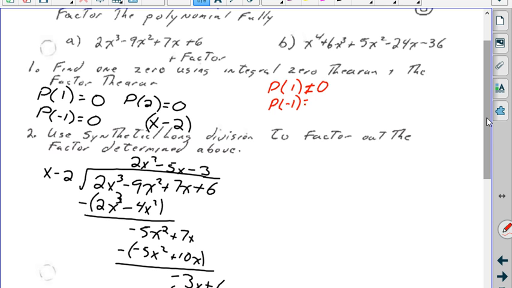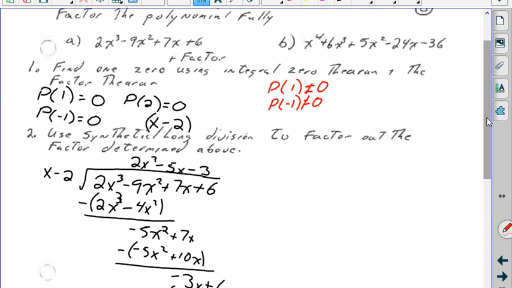Does p at negative 1 work? 1 minus 6 is 5, so not 0 there. P at negative 1 gives me a non-zero out. Again, I don't care what it actually does give me, as long as it doesn't give me 0.